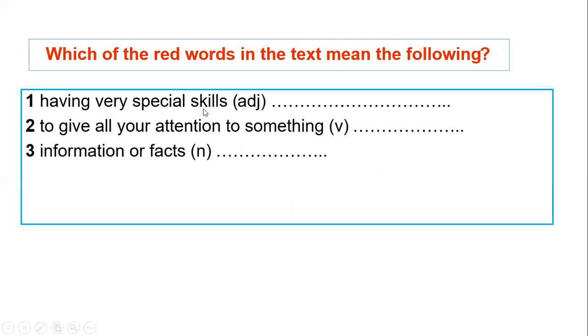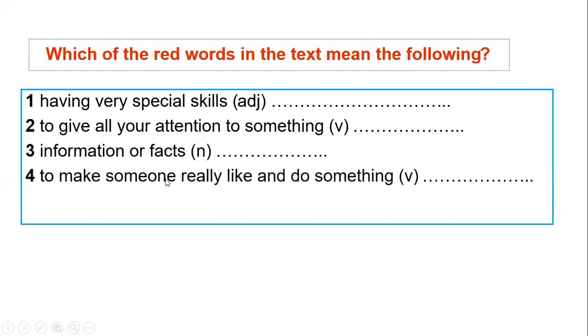Also get a word which has the same meaning as having very special skills or a skilled person. Number 4, to make someone really like, to love and do something. Number 5, something which is very important.